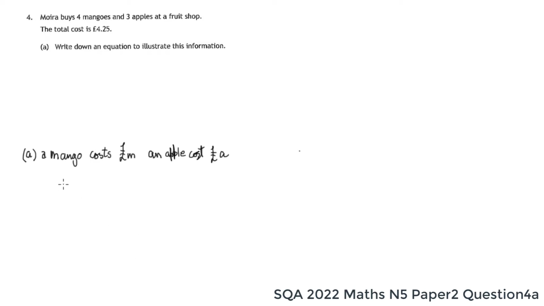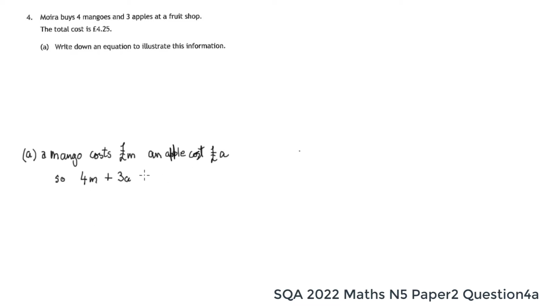So what's the cost of 4 mangoes? Well, if one of them costs M, 4 times that would be 4M. So there's 4M, that's the cost, pounds, for these 4 mangoes, plus 3 apples. That's 3 times the cost of one of them. So that's 3A pounds for that.